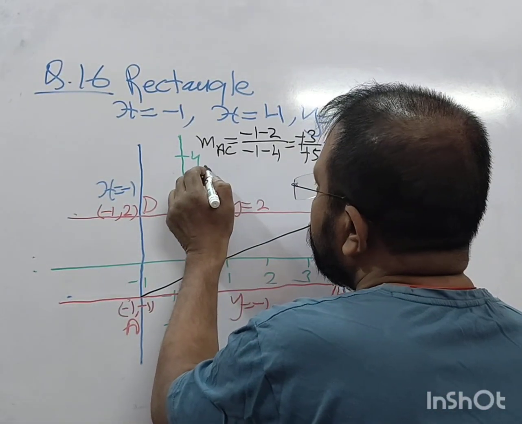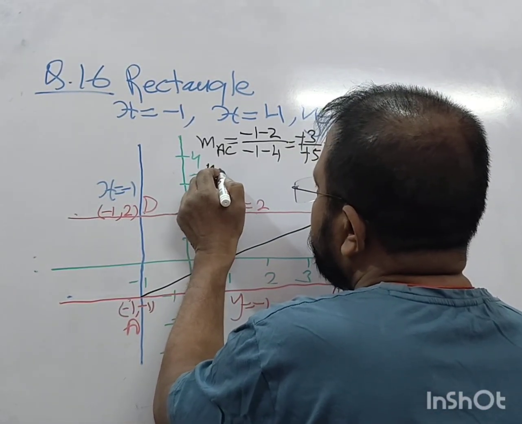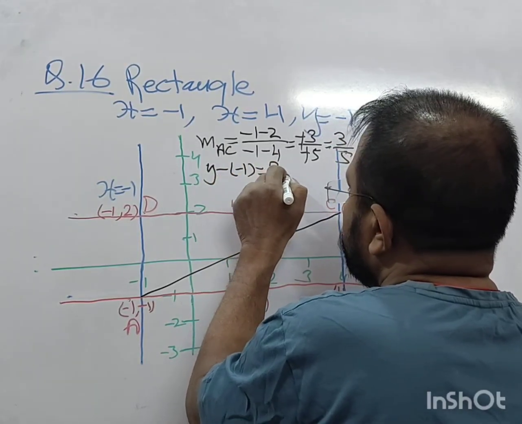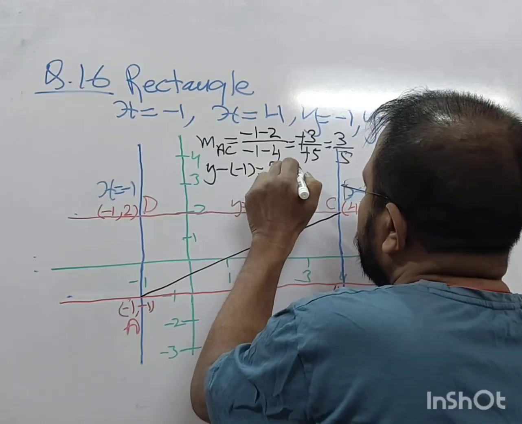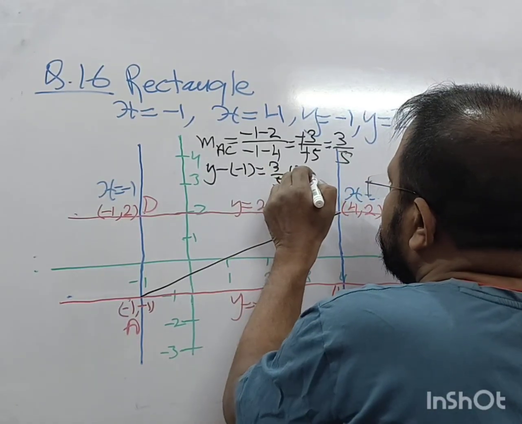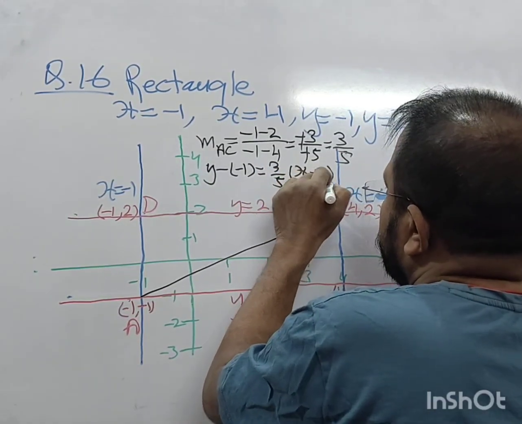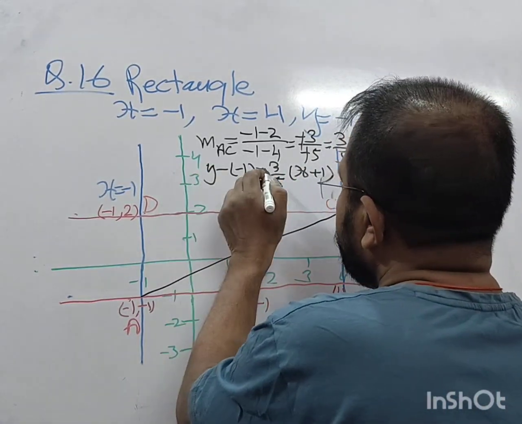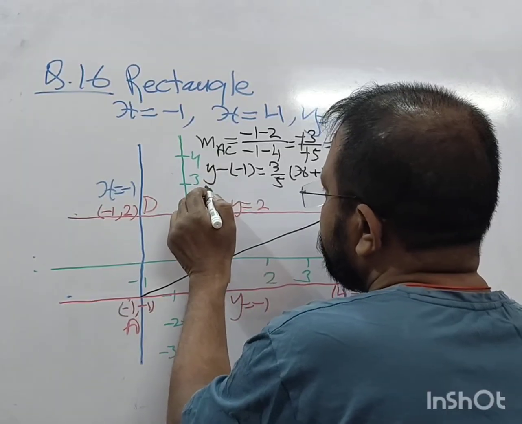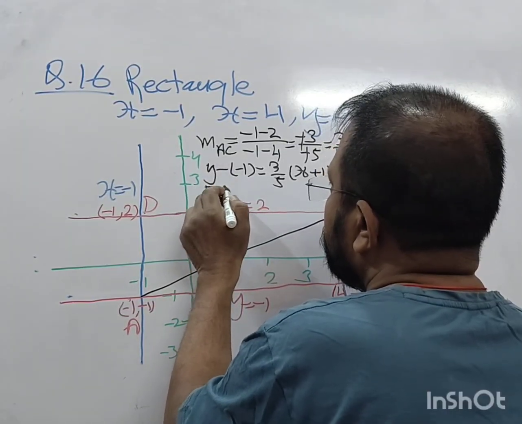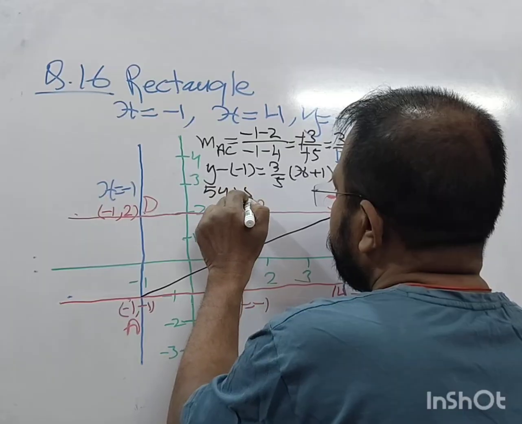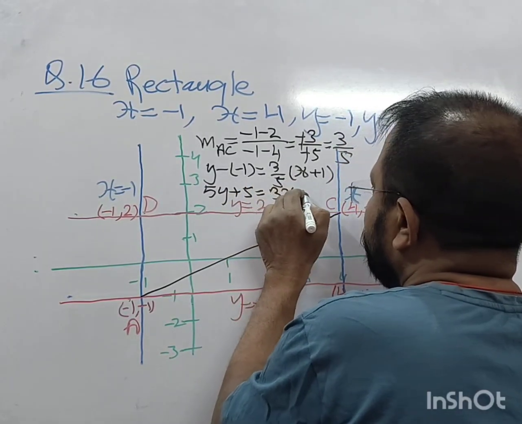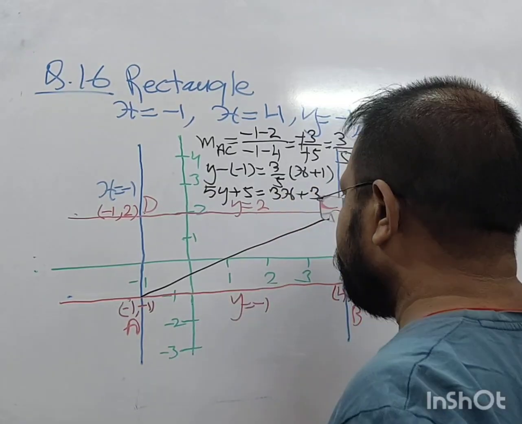So now the equation: y minus 1 is equal to 3 by 5 bracket x plus 1. So 5 comes here, 3 goes there. It is 5y plus 5 is equal to 3x plus 3.